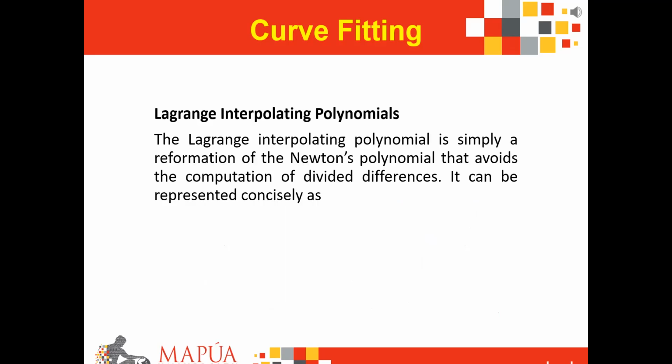The Lagrange interpolating polynomial function is simply a reformulation of Newton's polynomial function that avoids the computation of divided differences. Note that all interpolating techniques were derived from Newton's interpolating polynomial function.